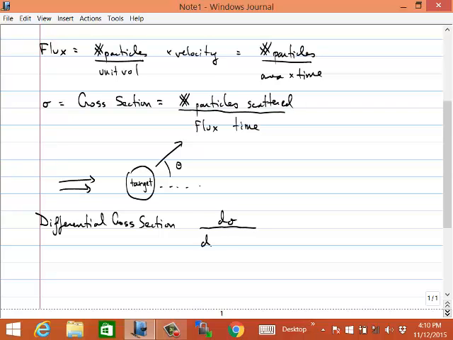But if you have many final particles, let's say that you have n particles in your final state, then you would look at the differential cross-section as a function of the angles that I've called omega 1 up to omega n at which these final state particles are scattered. Here, omega i is the solid angle into which the ith particle in the final state is scattered.